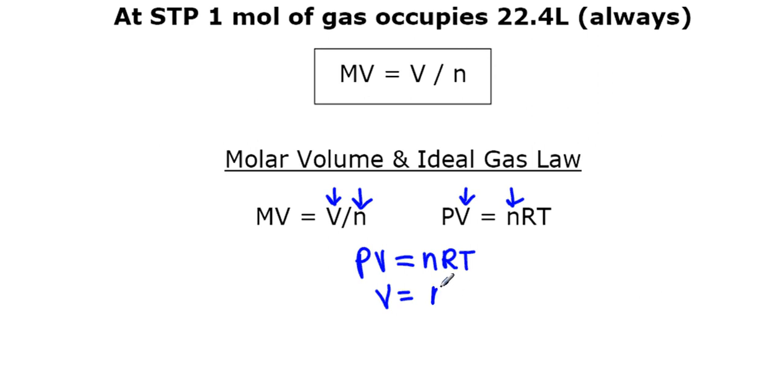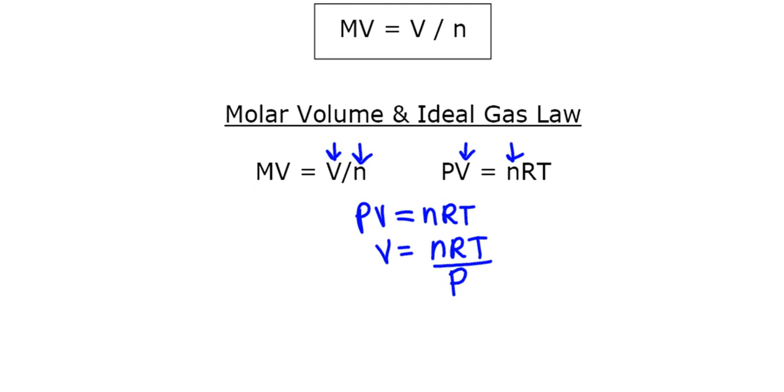It goes into the denominator. And then I can move my moles from the numerator to the denominator on the left-hand side. So I'm left with RT over P. And here you can see I've got volume over moles, which is here in my molar volume formula.